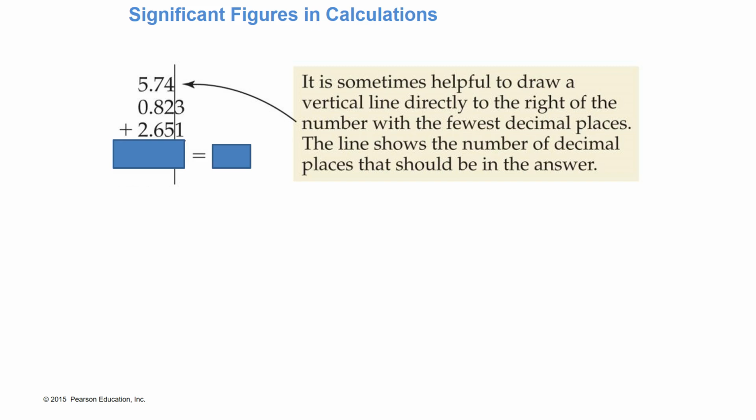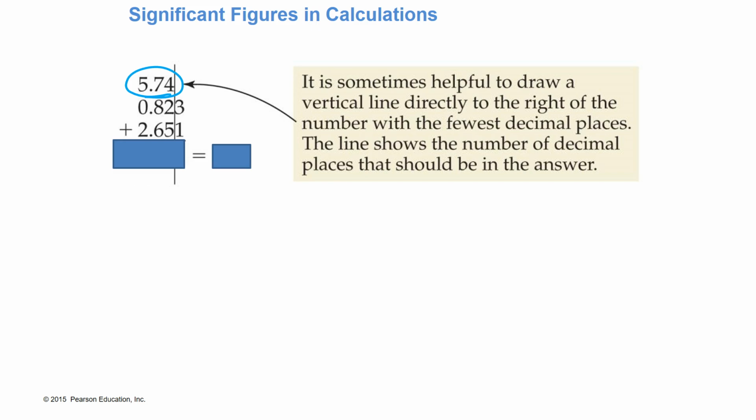I have 5.74, I have 0.823, and I have 2.651. Notice how I put it in column math so you can see it a little bit better. Odds are when it's on a test, it's going to be written out linear. But my least precise measurement is that one. It only measures to 2 decimal places.